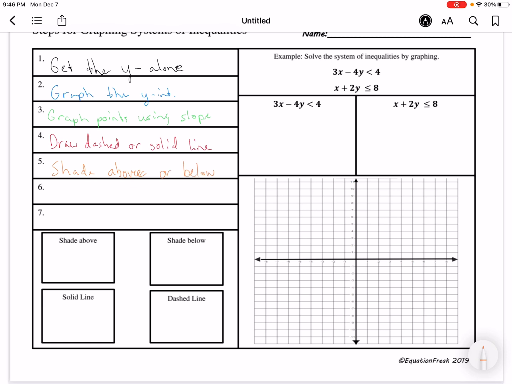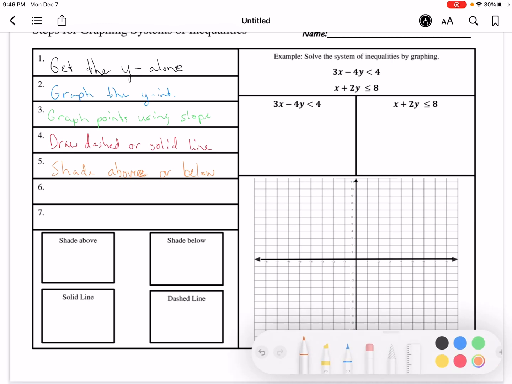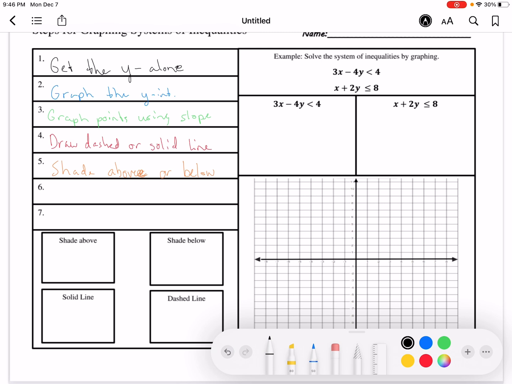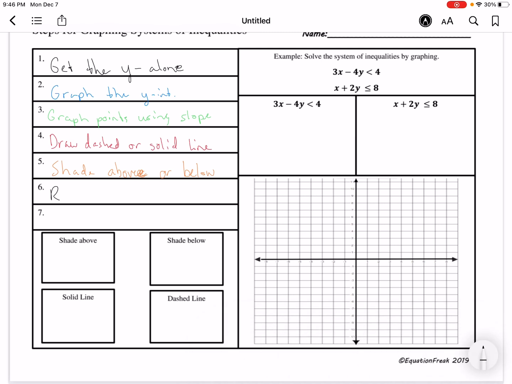Excuse my handwriting. Shade above or below. Okay, step six is going to be repeat steps 1 through 5 for the second inequality.